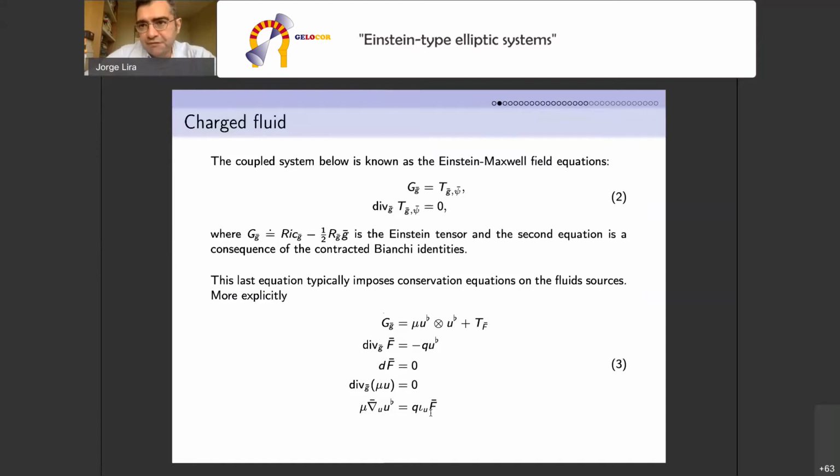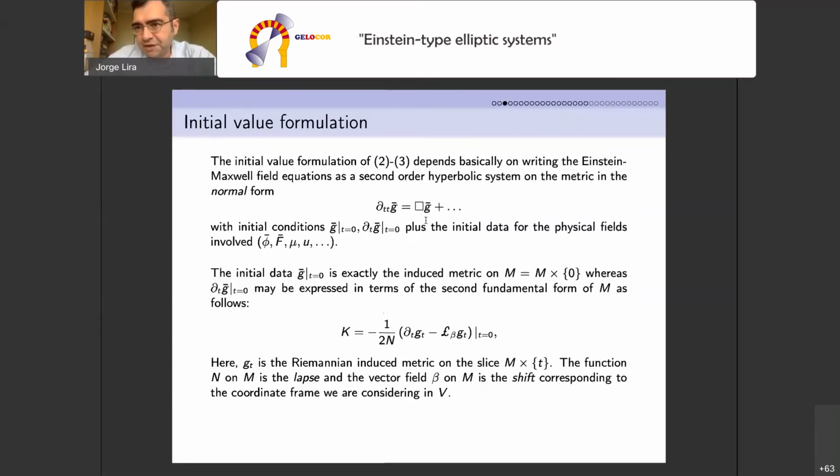We can consider this dynamical form of writing the Einstein field equations in terms of the second derivative of the ambient metric, a normal presentation of this hyperbolic system in terms of the acceleration of the ambient metric, given by the Laplacian of the metric, plus some terms which correspond to nonlinearities coming from the interaction of the metric with itself, the metric with the material fields, etc. These nonlinearities will be expressed later on in terms of the constraint equations.